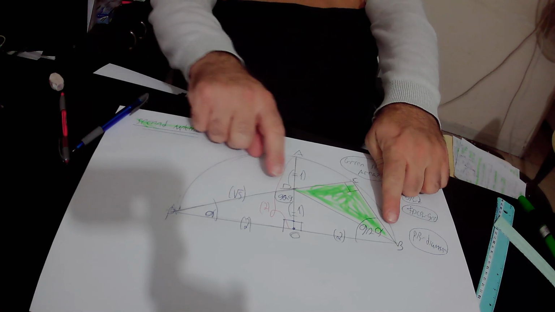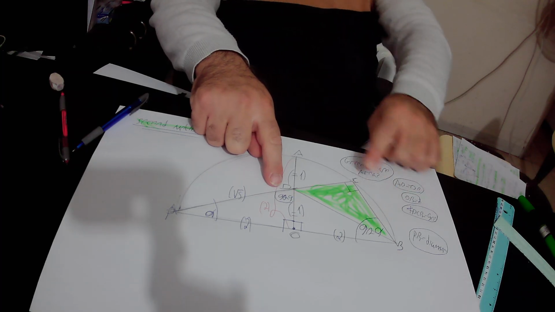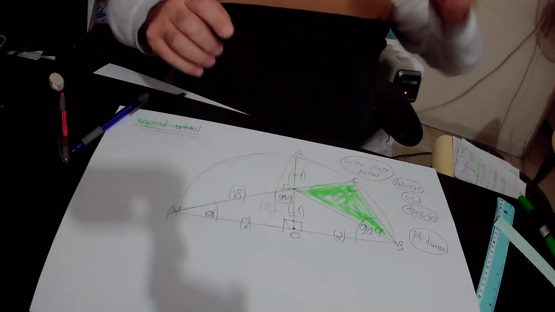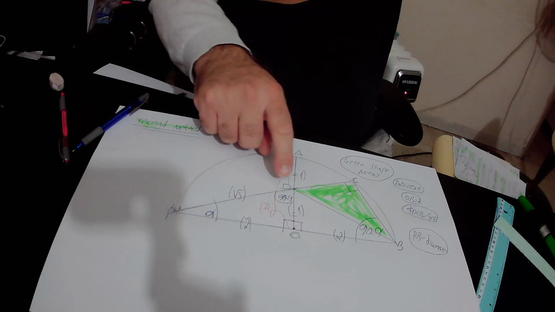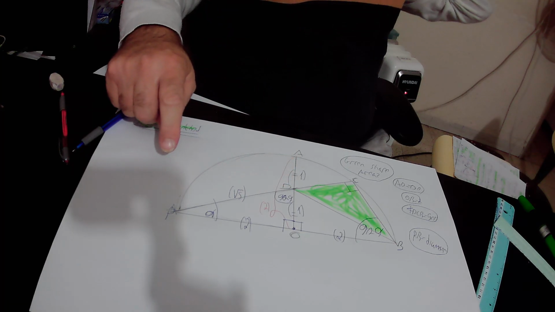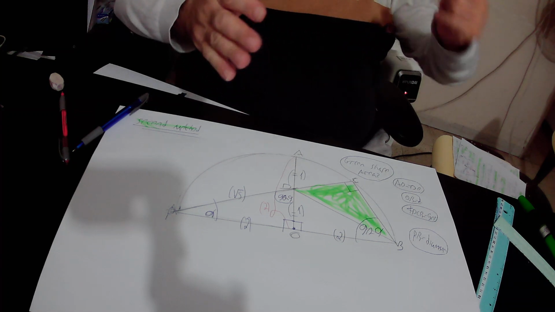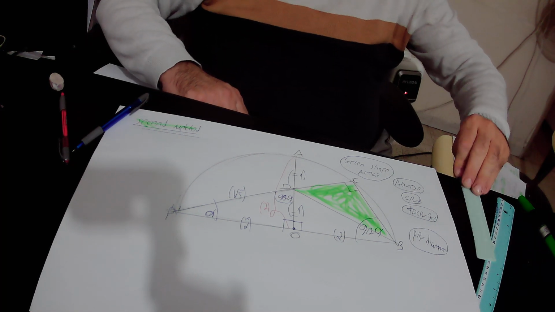In addition, those two angles are both equal to 90 degrees minus alpha, therefore they are equal to each other. And finally, those two angles are both equal to 90 degrees, and therefore they are equal to each other. So all three angles of the small right triangle PDO correspond to all three angles of the big right triangle PCB, and therefore those two right triangles are similar to each other according to the angle similarity rule.